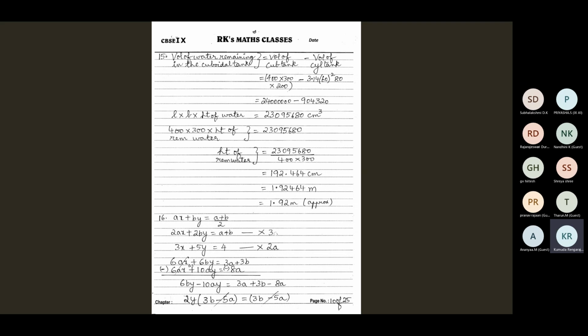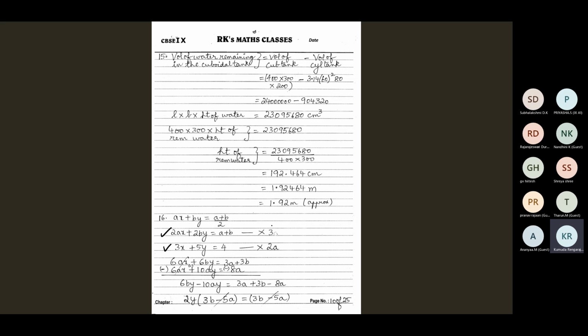So first we cross multiply here. When you cross multiply, you get 2ax plus 2by is equal to a plus b. All right, and this is the other equation.